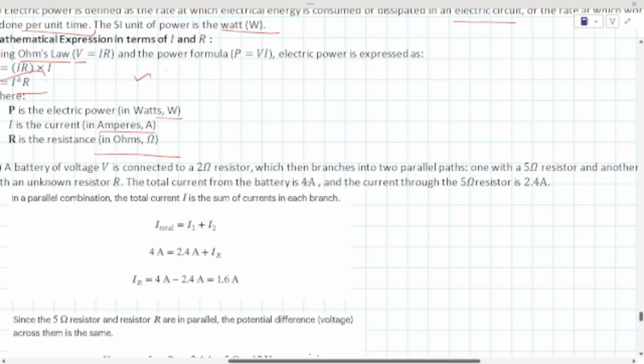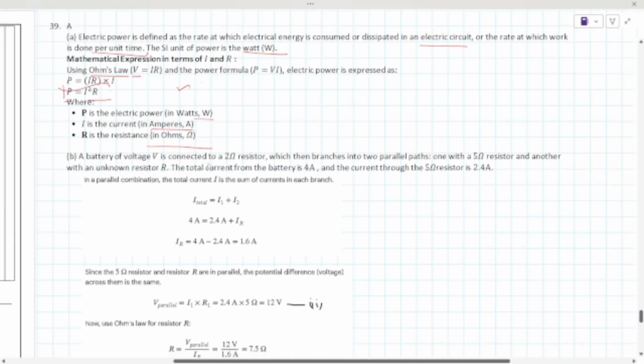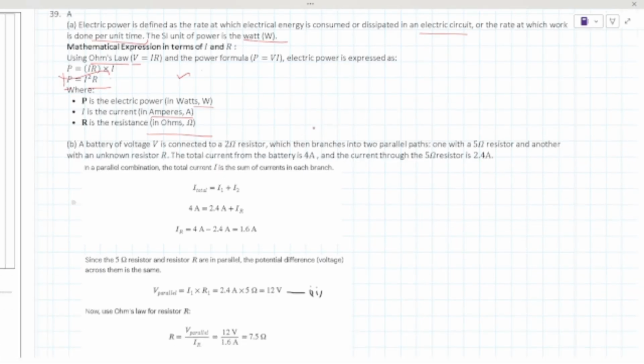Here the battery and the resistors are in parallel, one 5 ohm. They are in parallel. Total current from the battery is 5 ampere, right?